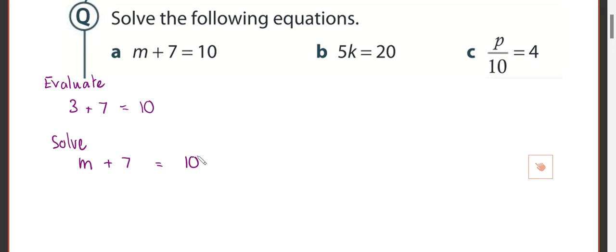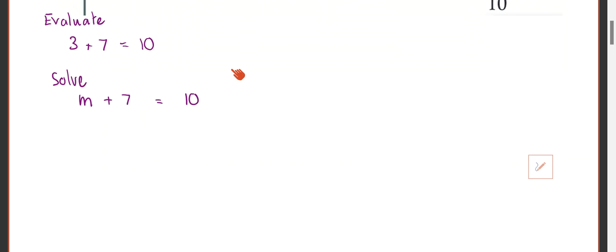in the first place. So when we solve, you might say this is too simple, I know the answers. But you probably did an alternative statement, which was, if m plus 7 equals 10, m must equal 10 minus 7.